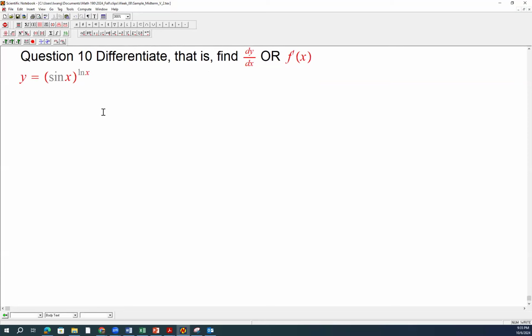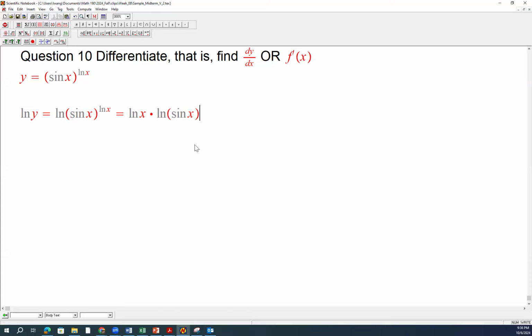We understand we cannot use the derivative rule for exponential functions, and we cannot use the power rule either. So we have to take logarithm: ln y equals ln of the right-hand side. Applying the power rule, ln x is going to be, the power is brought to the front, multiplied by ln of sine x.